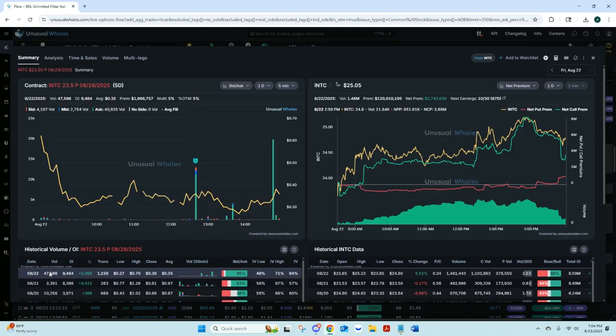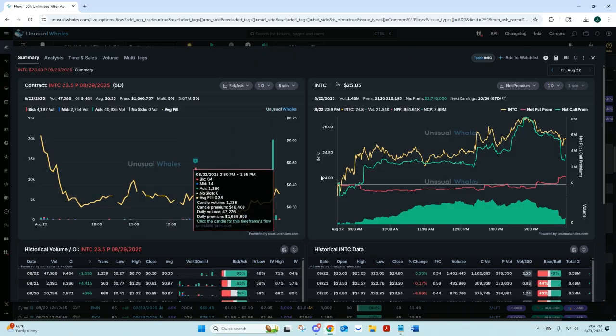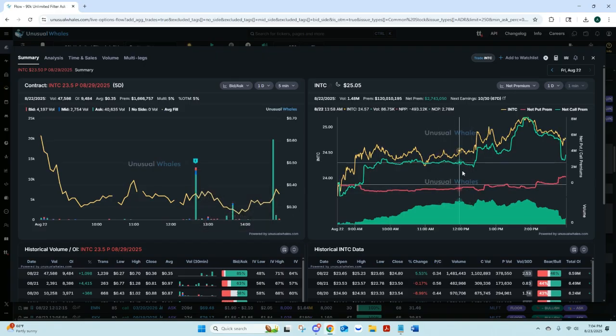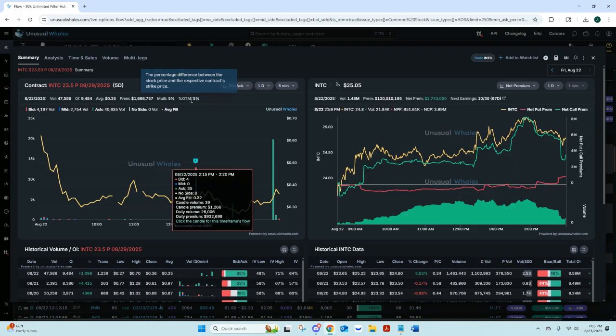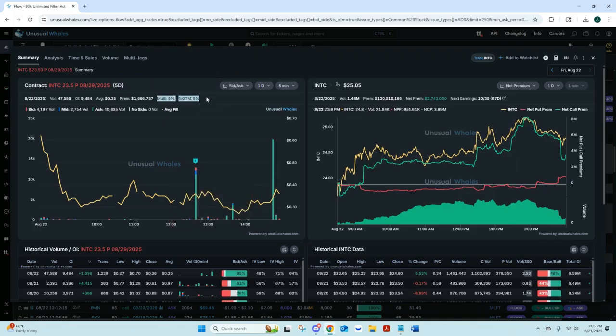Some open interest, but obviously a lot of volume today. A lot of call premium here. So this is where I'm like, maybe I'll back off a little bit. Always paying attention to that multi-leg and out of the money percent, 5% out of the money on next week's expiration. Makes it kind of tough because you've got theta over the weekend.